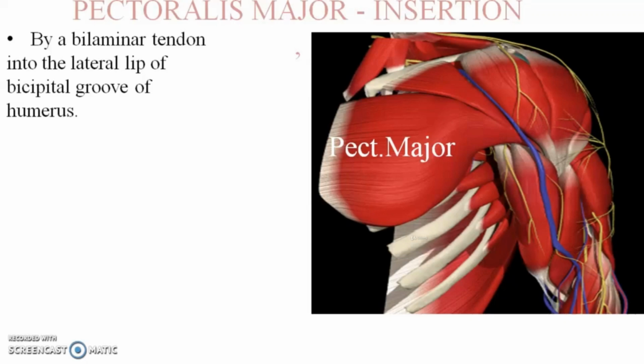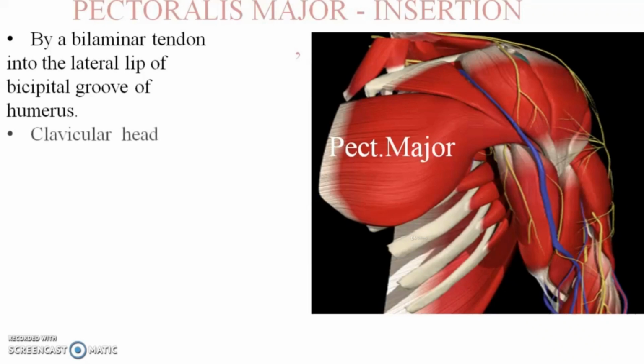One is the medial lip, another one is the lateral lip. Among that, the lateral lip is responsible for the insertion of this particular muscle. So this pectoralis major muscle inserts in the lateral lip of the bicipital groove of the humerus by means of a bilaminar tendon.